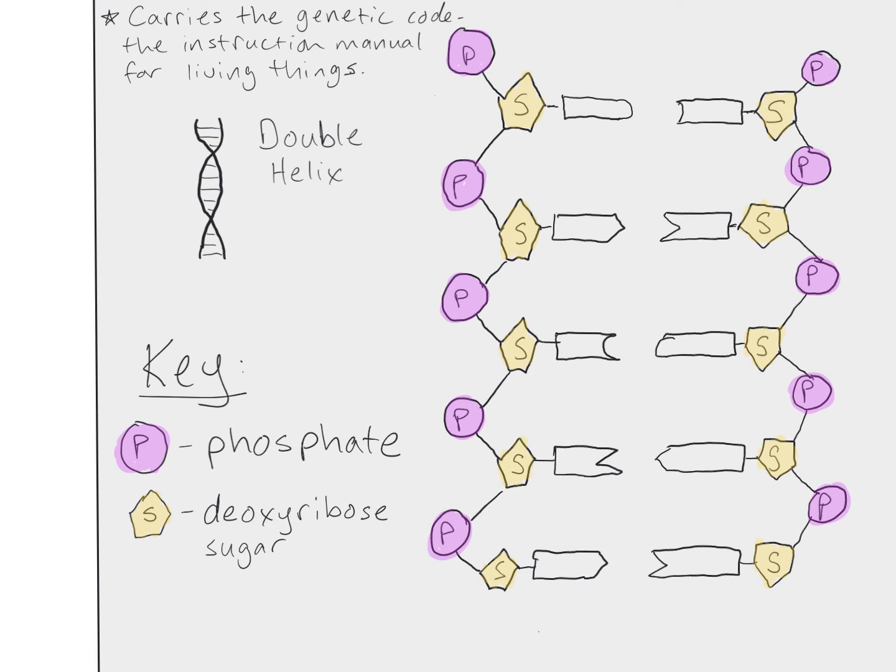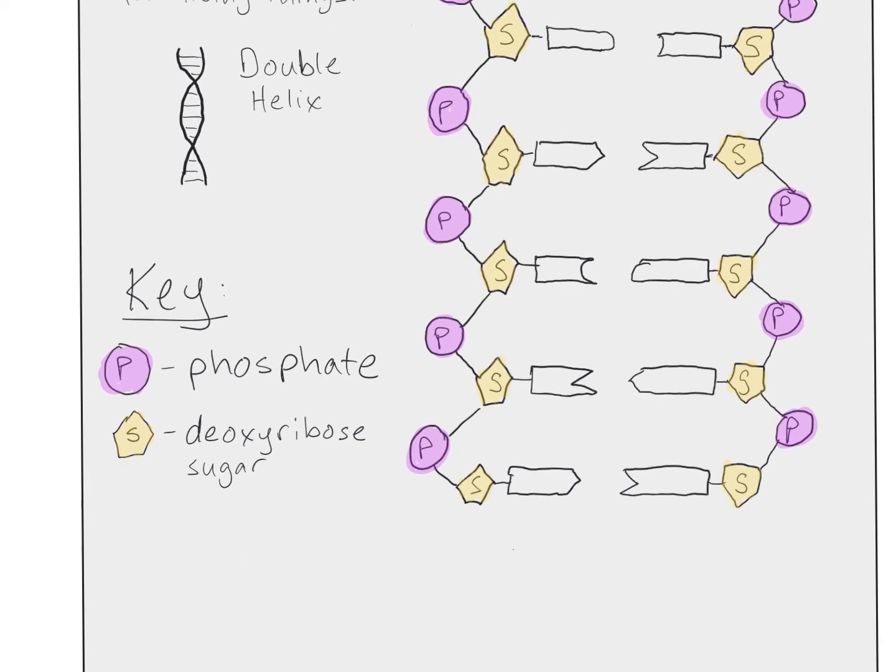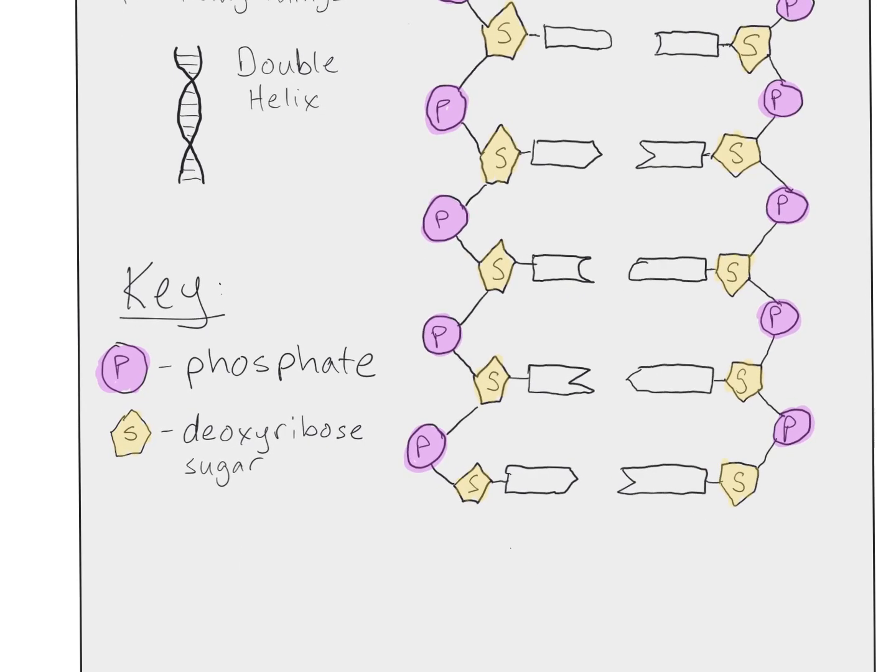All right, so let's label part of this molecule. So this that we have on each side here, right here, we're going to add a little bracket down here. On both sides, this is known as the sugar phosphate backbone.